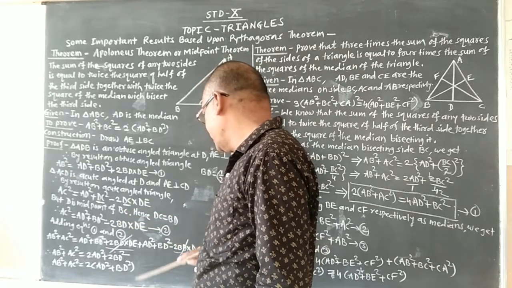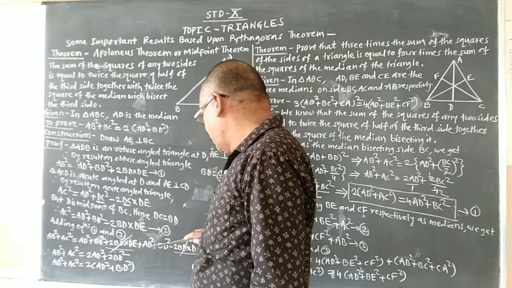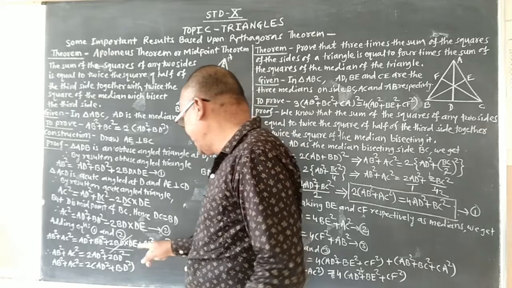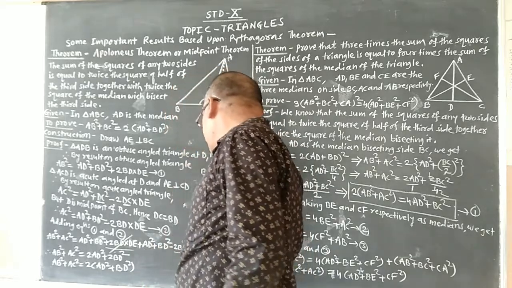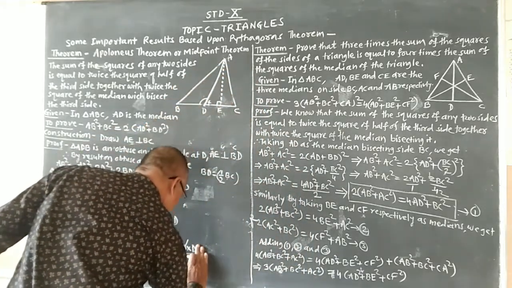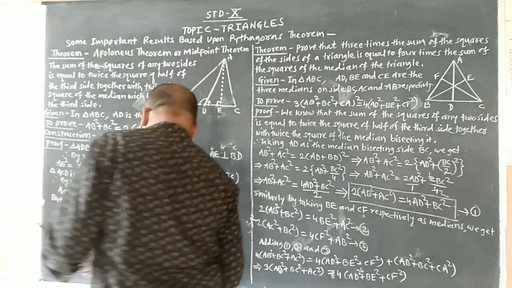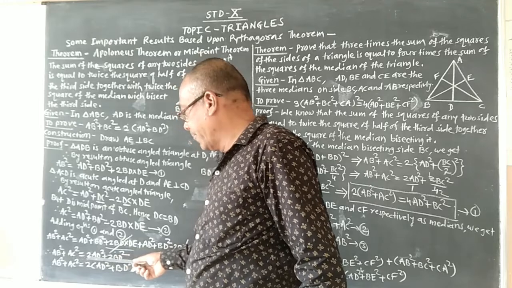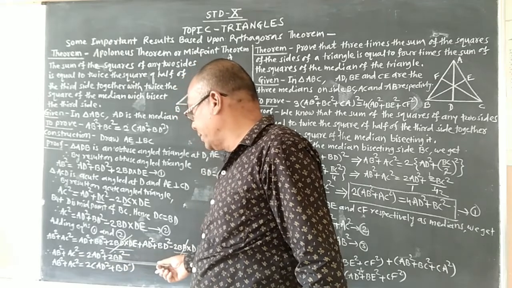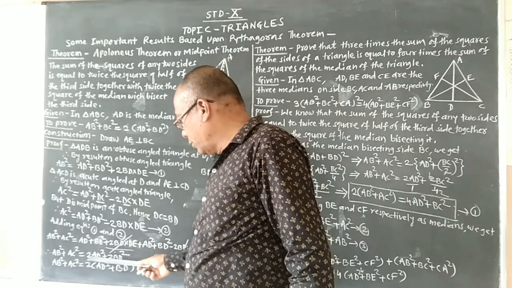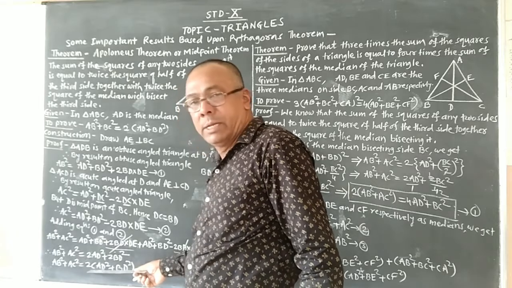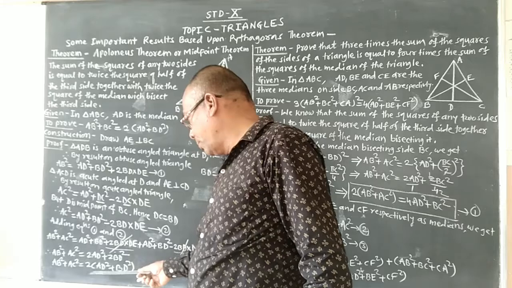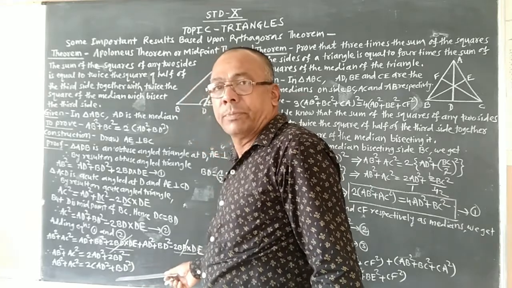Here 2BD into DE and 2BD into DE will get cancelled, and then we will get here AB square plus AC square is equal to 2AD square plus 2BD square, and therefore if we take 2 as a common, then we will get the equation AB square plus AC square is equal to 2 into bracket AD square plus BD square.